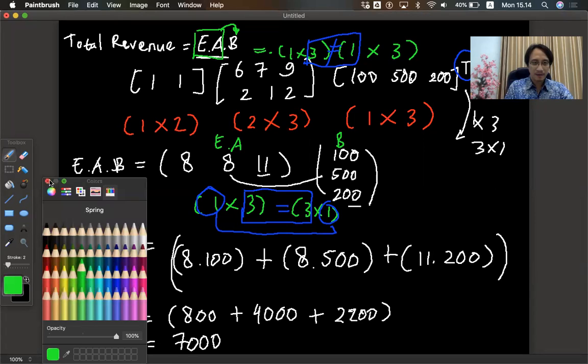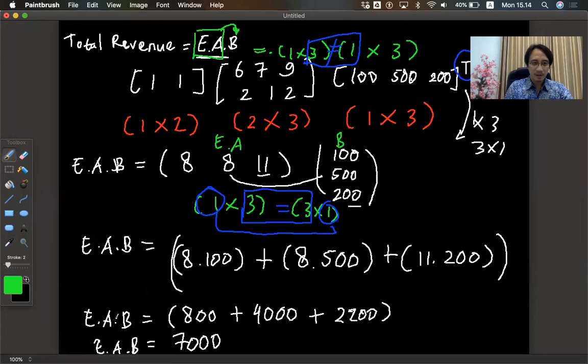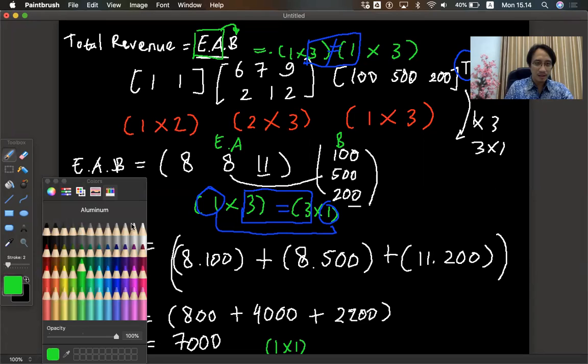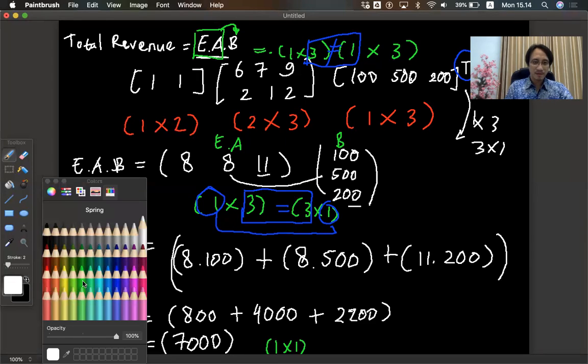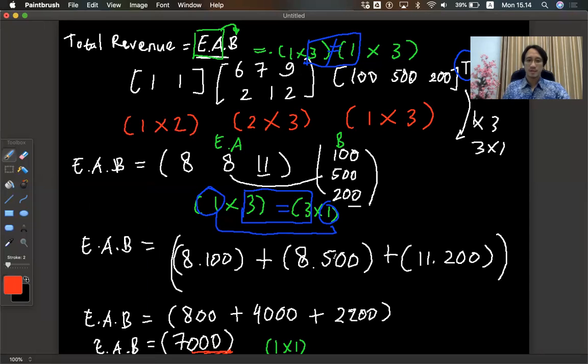Okay. 1 times 1. I forgot the bracket. This is the result, 1 times 1. So this is the result of total revenue, 7,000.